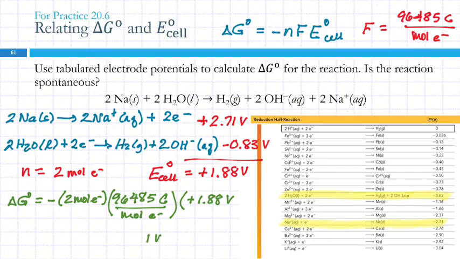1 volt is equal to 1 joule per coulomb. So instead of volt, I'm going to write joule per coulomb so that we can see how the units work out. So the moles of electrons cancel, the coulombs cancel, and we end up with joules.